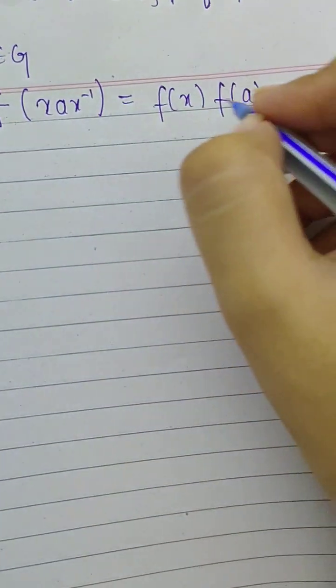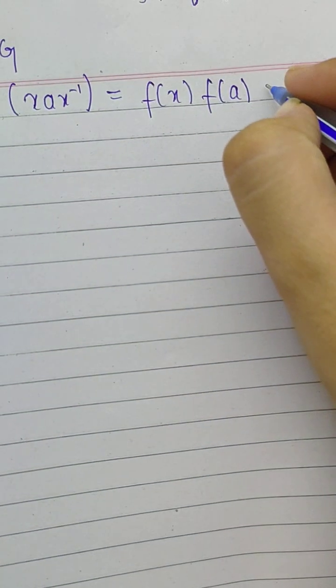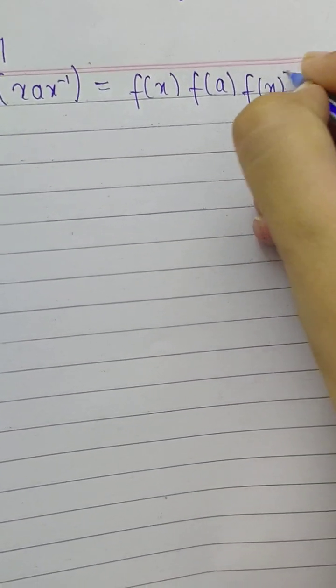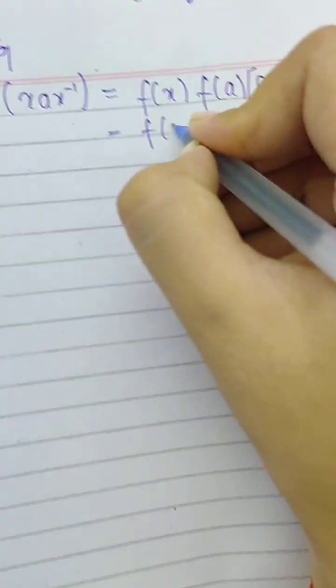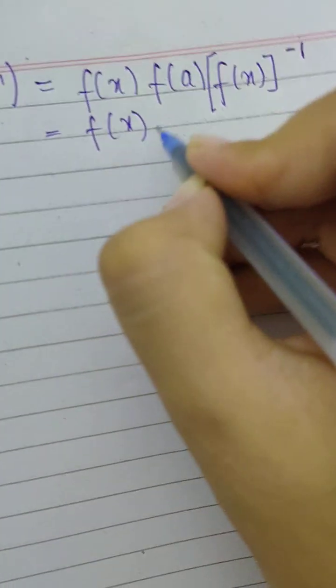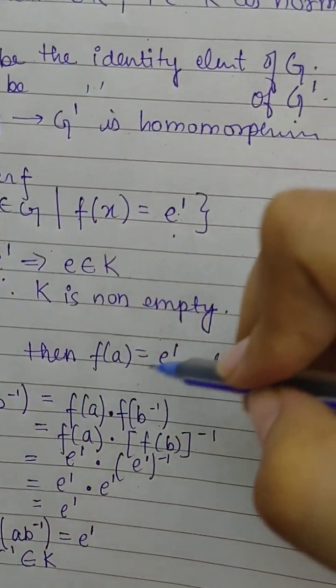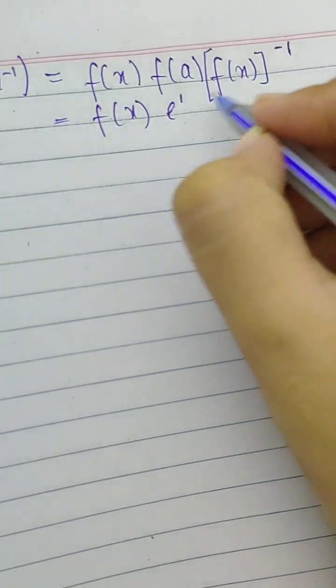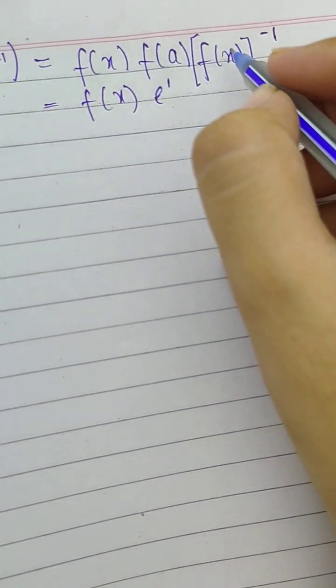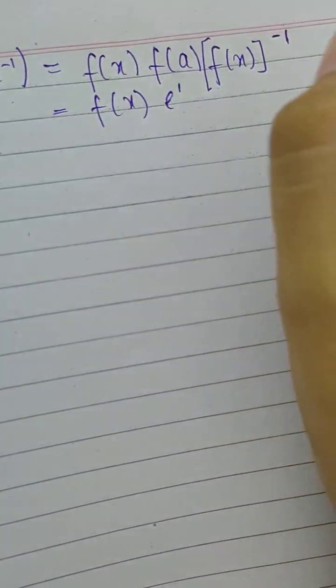You can show it one by one. So f of a, you know, is e dash, and f of x inverse you have no idea yet.